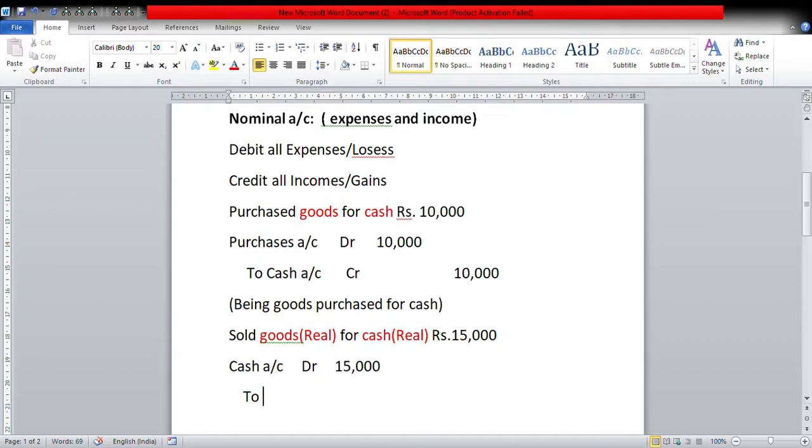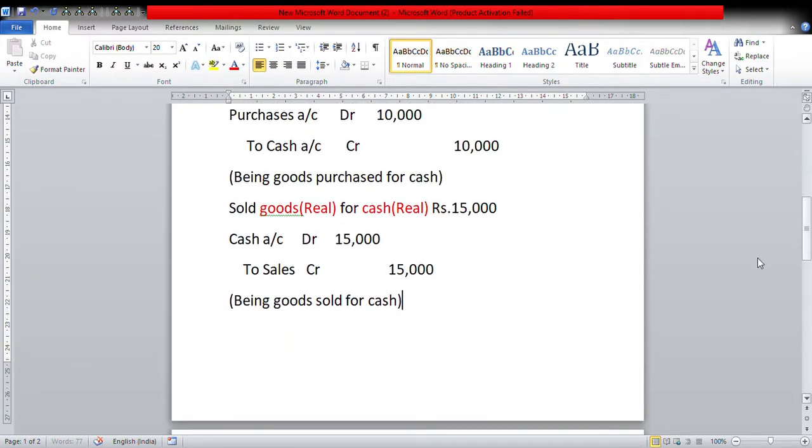So when the sale is taking place, we need to call it sales. Goods are going out of the business in the form of sales, so the credit has to be given to sales. Cash account debit to sales account. And to give a narration for this: being goods sold for cash.